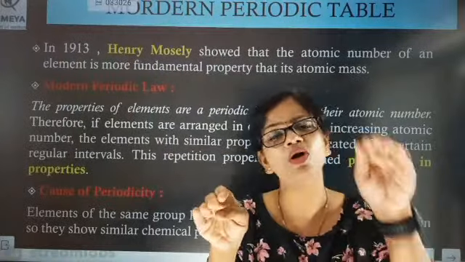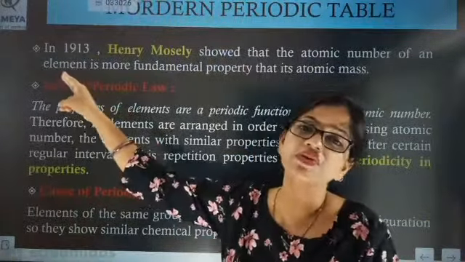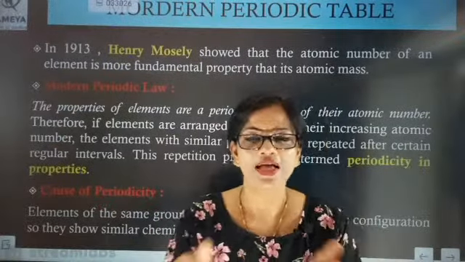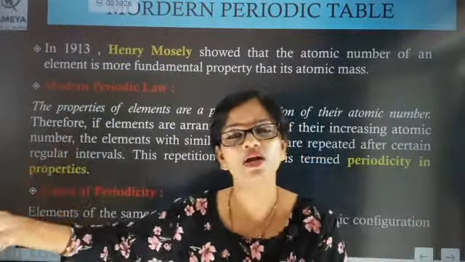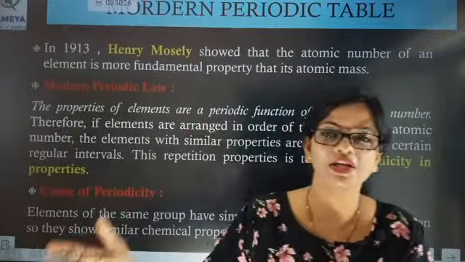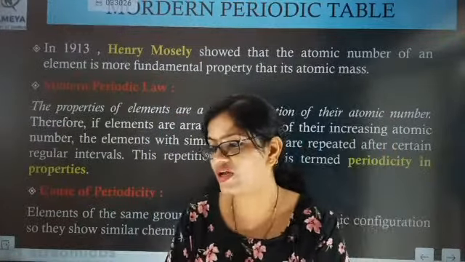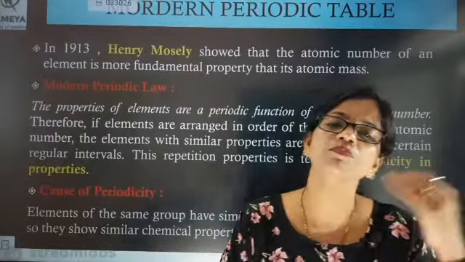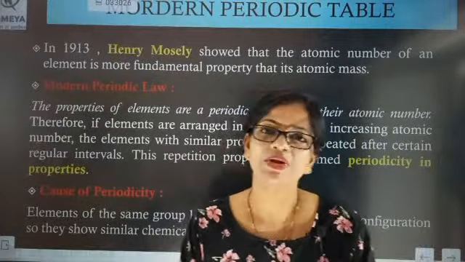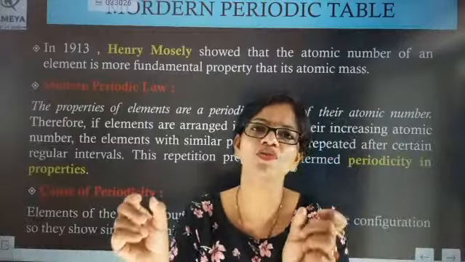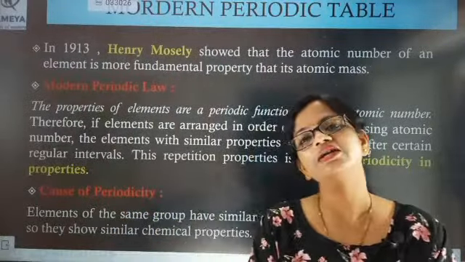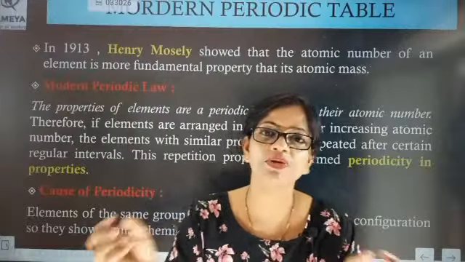But the most important main difference is that previously we were taking atomic mass, now we are taking atomic number, and since we are taking atomic number, our periodic table is more stable. The modern periodic table which we now refer to is more stable compared to the old periodic table which was based on mass, because between two masses of elements we were never sure that one new element may get discovered whose mass would be exactly between those two.